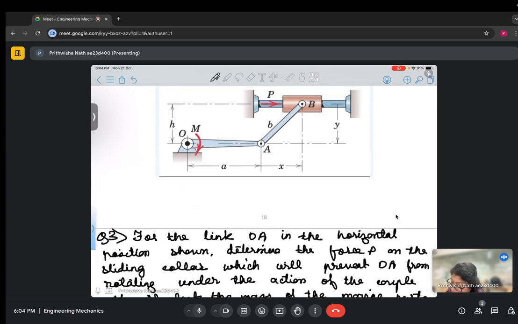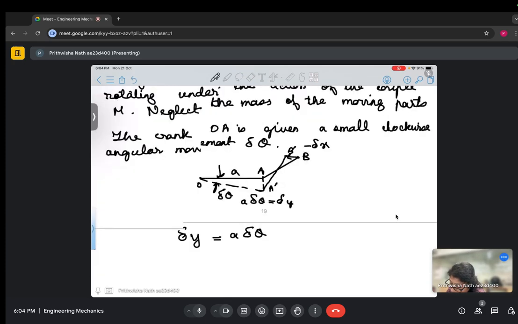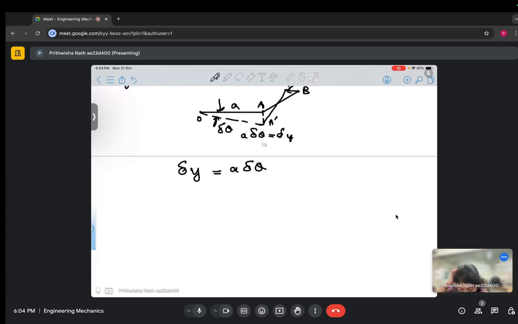We can write x square plus y square equals b square, from this right angle triangle.